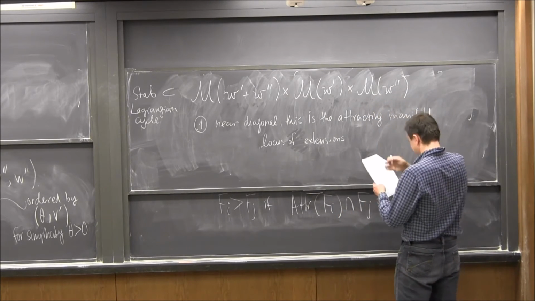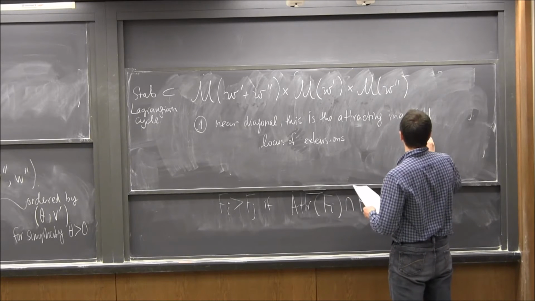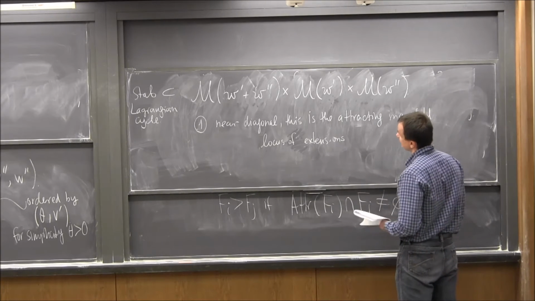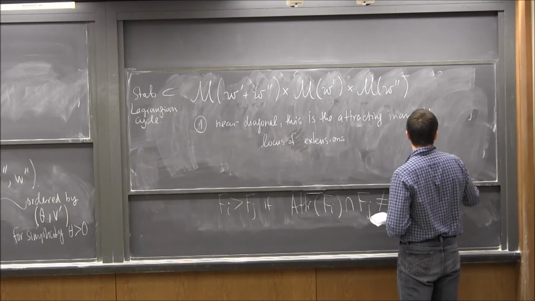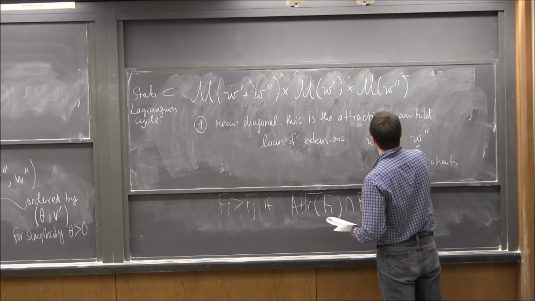You always think of the extension as going big. So these W's are the quotients, and the W primes are the sub.